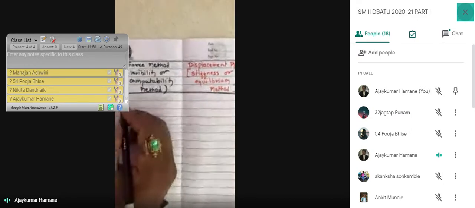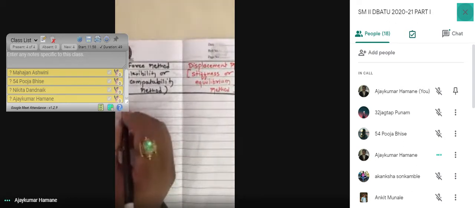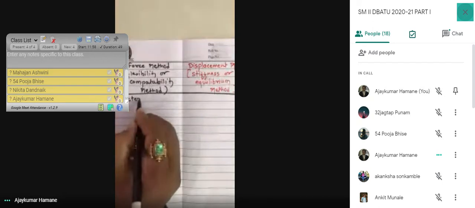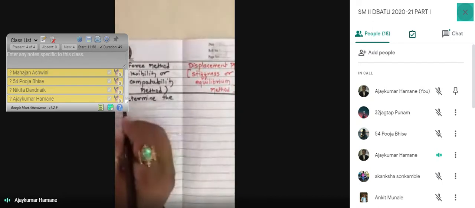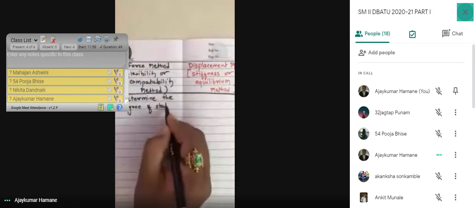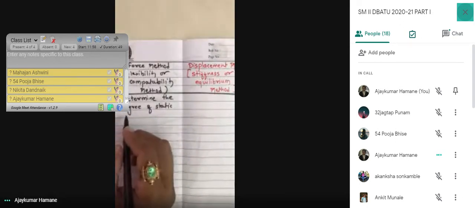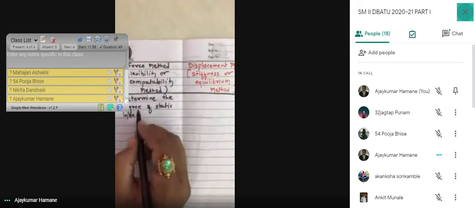The first one, determine the degree of static indeterminacy.